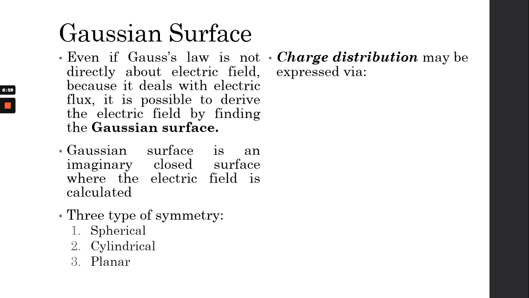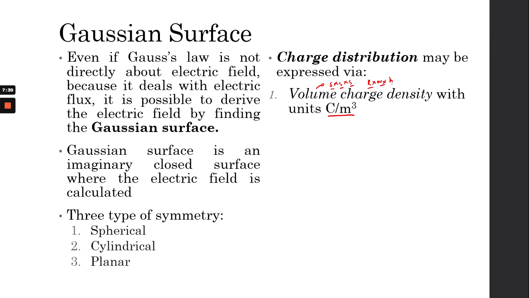And then for charge distribution, we can express charge distribution first by what we call a volume charge density. The units we use for volume charge density are coulombs per meter cubed. This is, I hope, easy to remember because volume is basically side times side times side, or length times width times height.